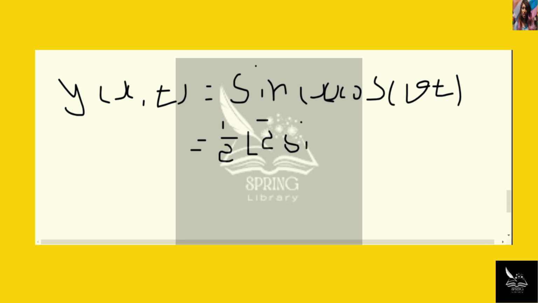Here we are going to multiply and divide the whole equation by 2. So now we know 2 sine cos will give the result 1 half times sin x cos vt plus sin vt cos x.